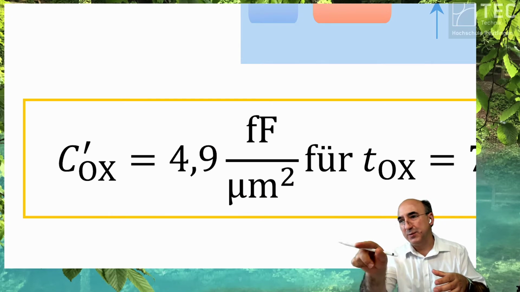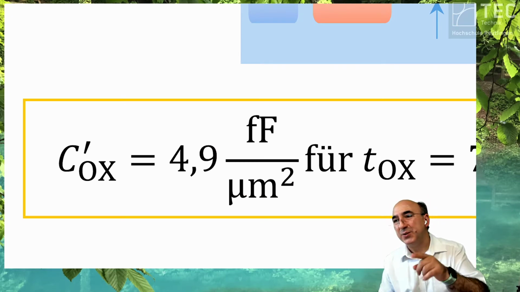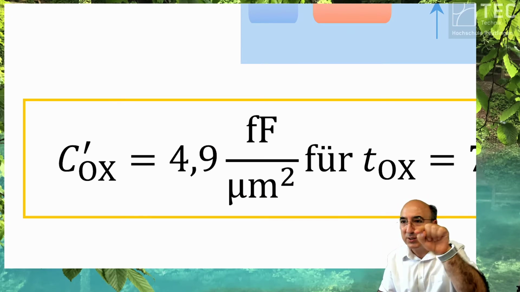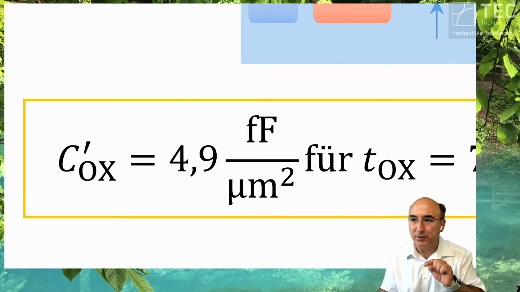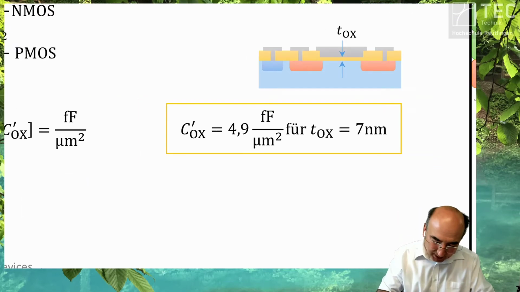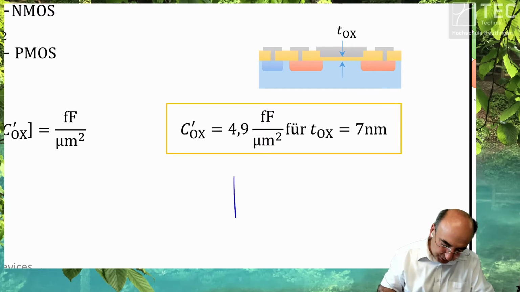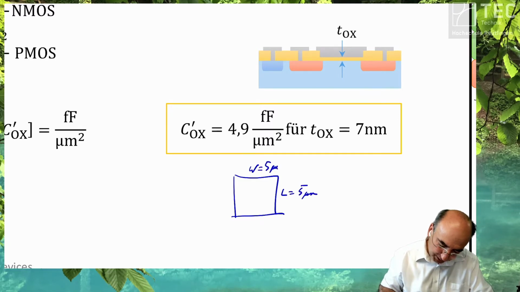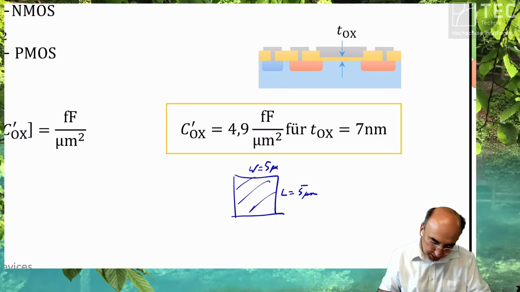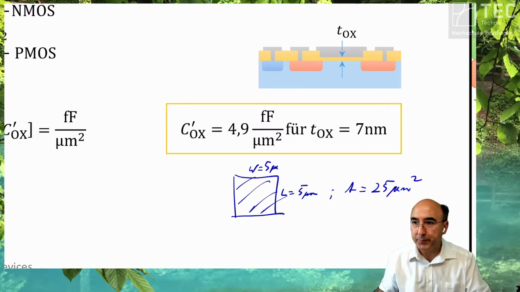Mr. Botta, that's important for you. So you said we can use this oxide as a capacitor. Yes, we can. Let's assume you draw a transistor with a width and a length of 5 micrometer by 5 micrometer. We have an area of 25 square micrometers.